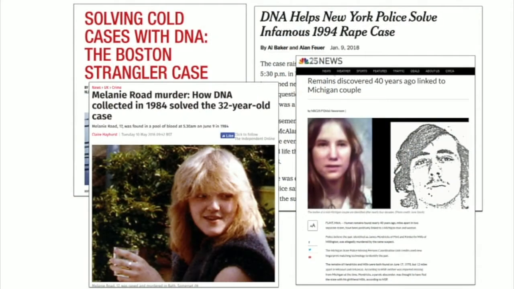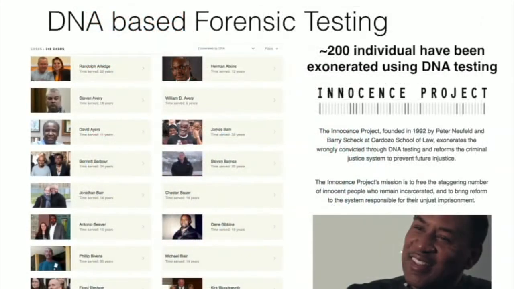One of them is Barry Scheck's Innocence Project, and they look at specific cases where they think that there's enough evidence that it makes sense to have DNA tested, and in over 200 cases they've actually overturned convictions where people were wrongfully jailed because of either eyewitness or because of other issues, and these individuals actually were not the ones that committed the crime.